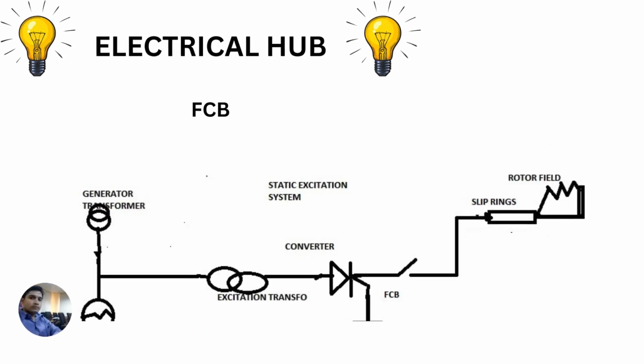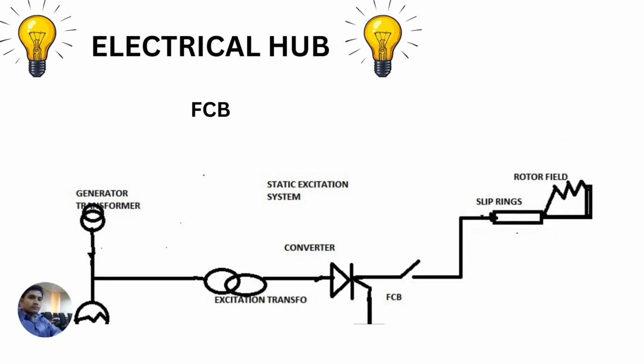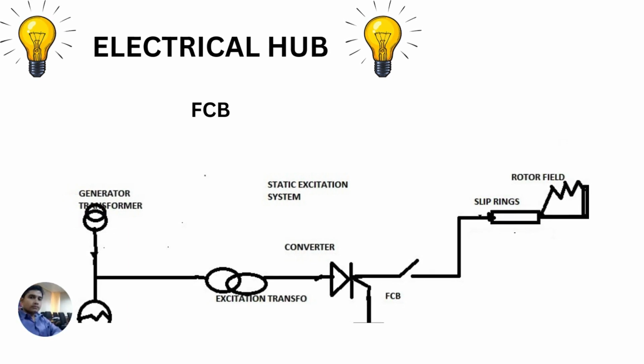FCB is the field circuit breaker. As you can see in the drawing, after the converter there is an FCB. So, what is the function of this FCB? It will supply the DC voltage to the rotor winding during normal operation.